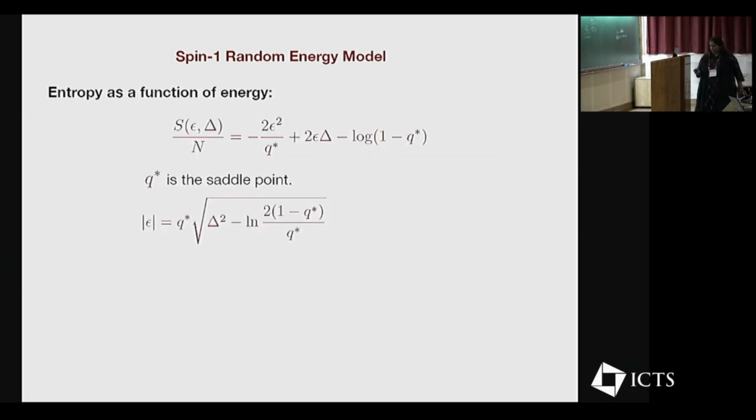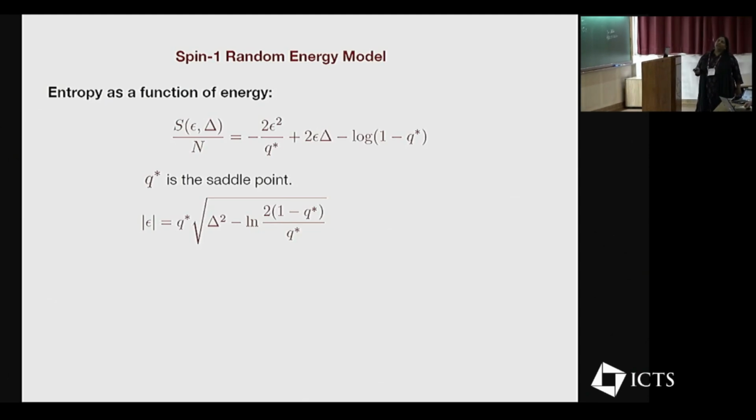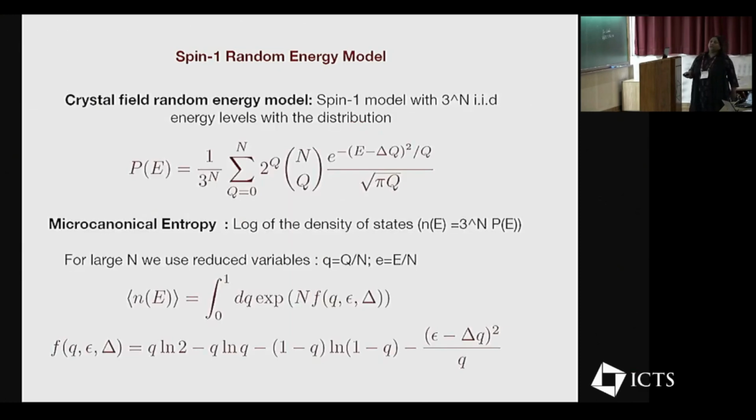From this, there's a bit of algebra involved. One finds that the entropy as a function of energy is given by this expression, and here Q star is actually the saddle point of the integral I showed you on the last slide.